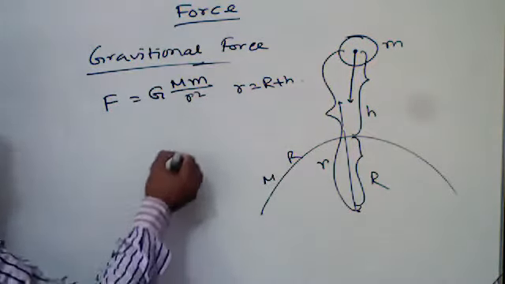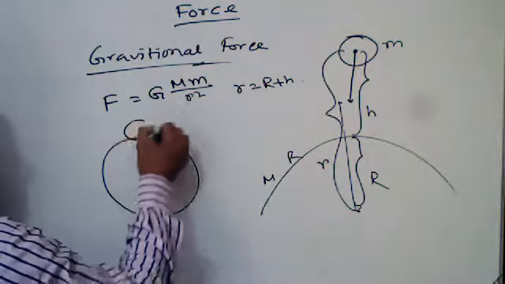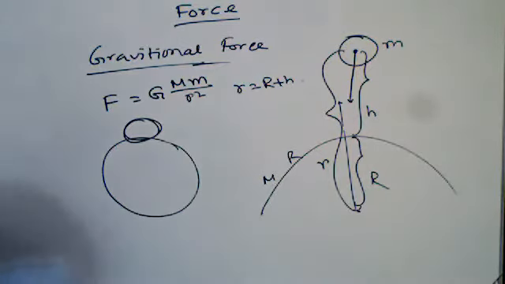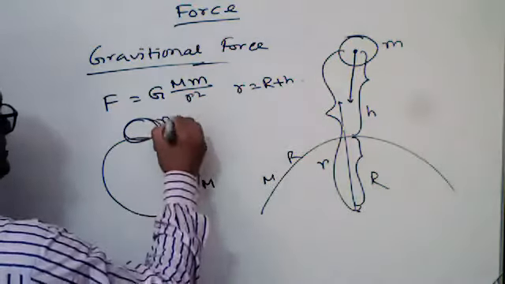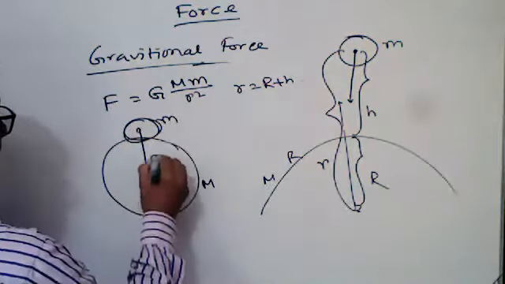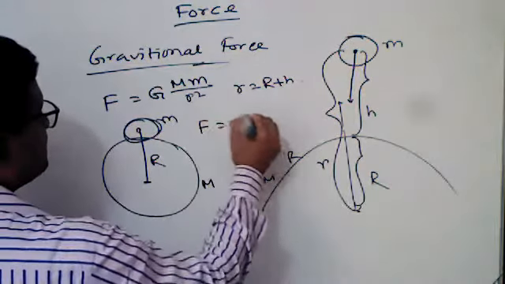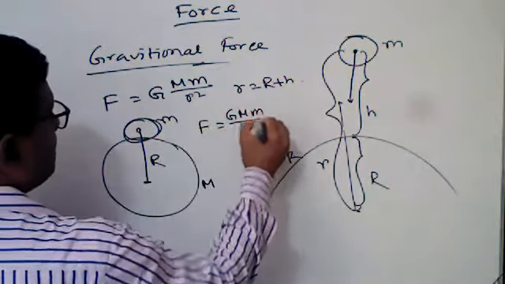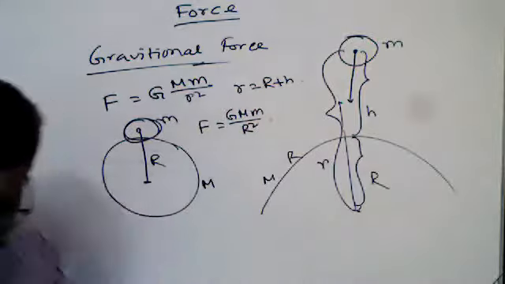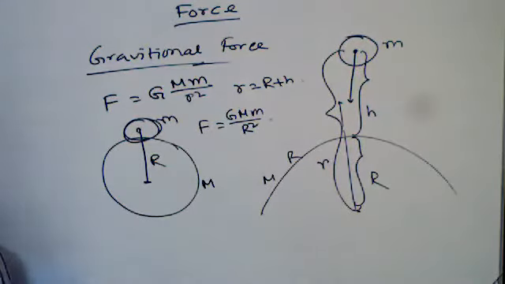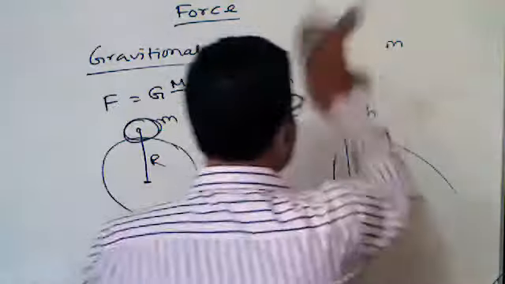If the object is on the surface of the Earth, this is the Earth, this is the mass of the object and this is the radius. So we can consider F equals GMm by R square at the surface of the Earth, where G is the gravitational constant.